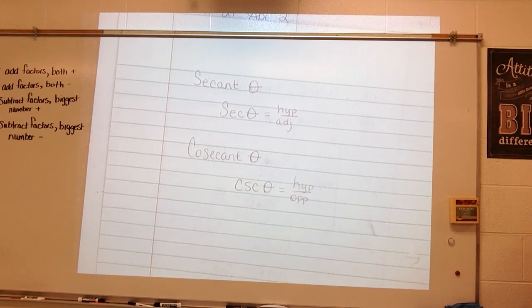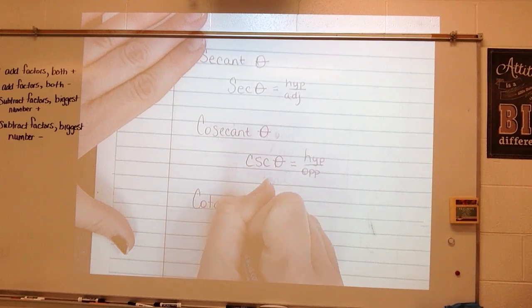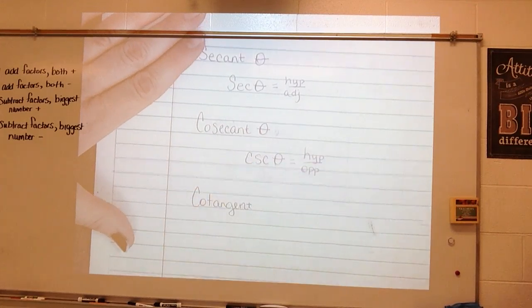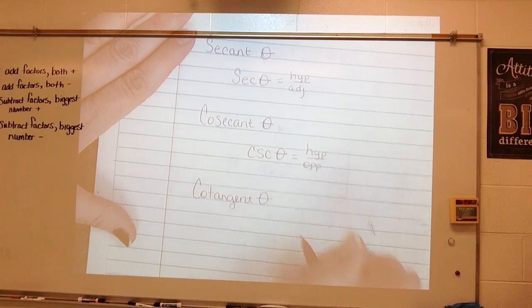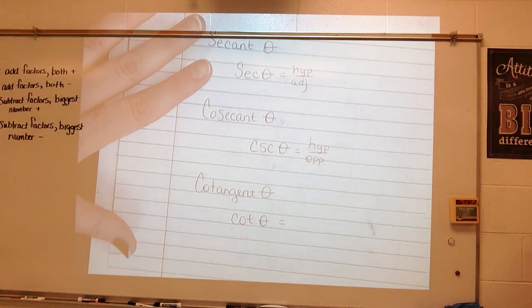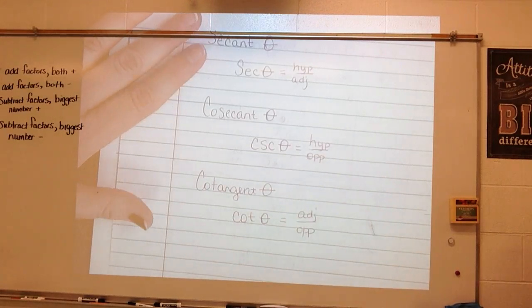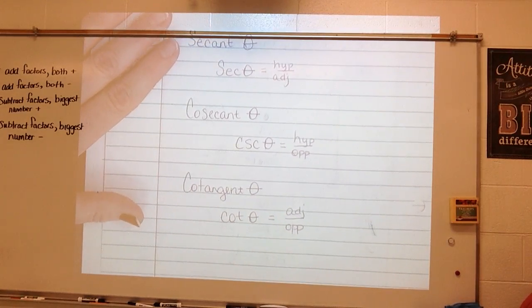Then we have what we call our cotangent. The cotangent of our angle would be written like this, COT, and that is the adjacent over the opposite.